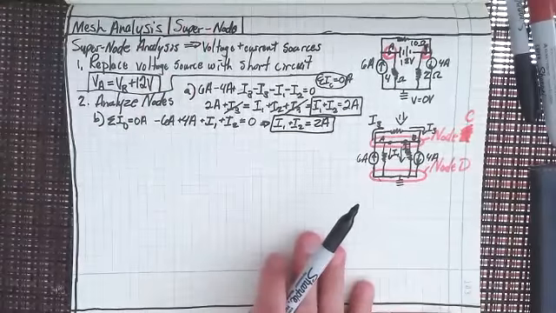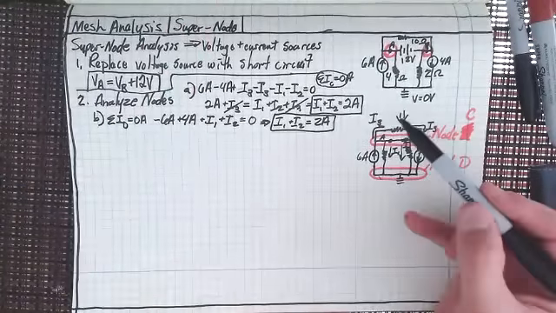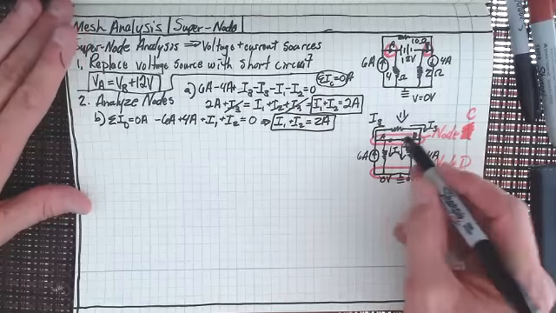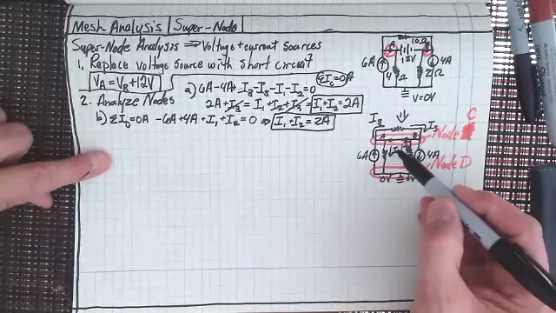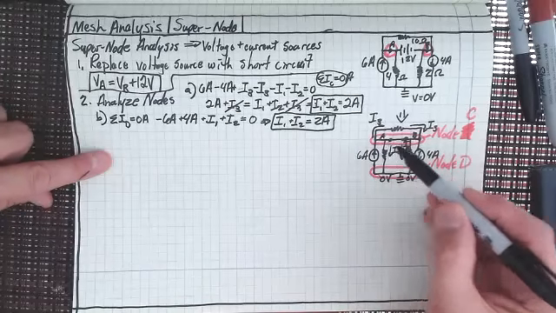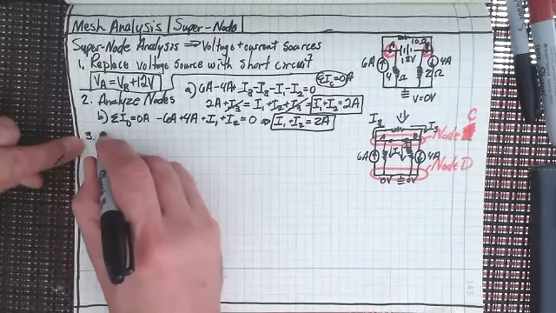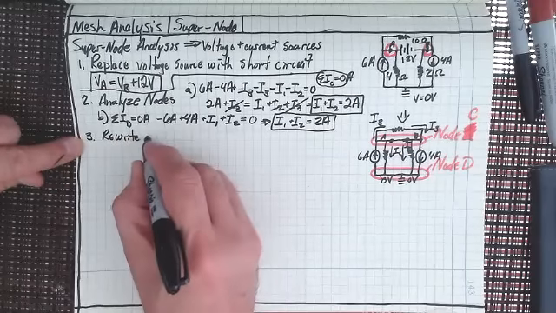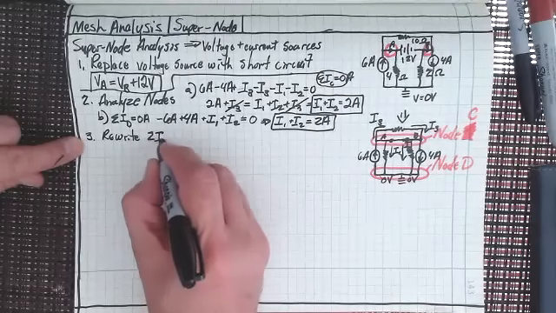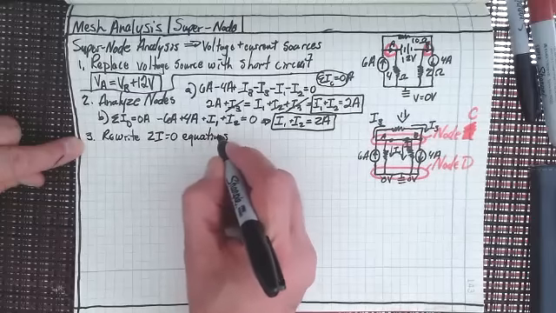What we can do is exchange I1 and I2, because we know that this is going to be 0 volts down here, right? At one end of those is 0 volts. So when we're looking at this, I1 is going to be the voltage at A. So let's rewrite this. I'm going to call this 3. Rewrite current equations, right?